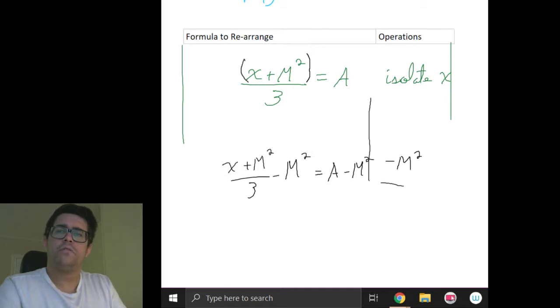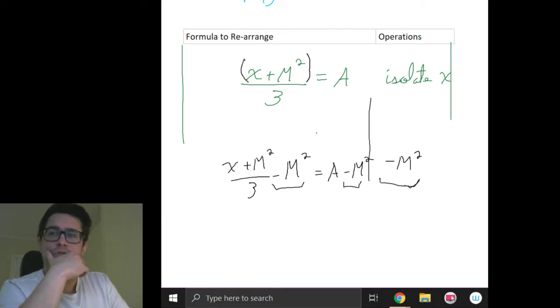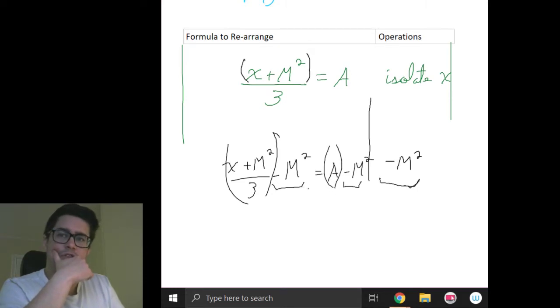That's what we did, right here and right here. Basically what we did is we took the first parts of each side, we subtracted them. Now, this is not going to help, because here we don't have an m squared, we have an m squared over 3.